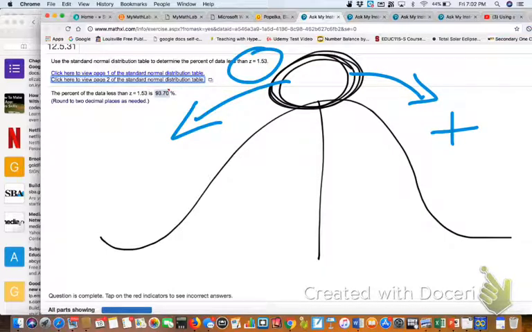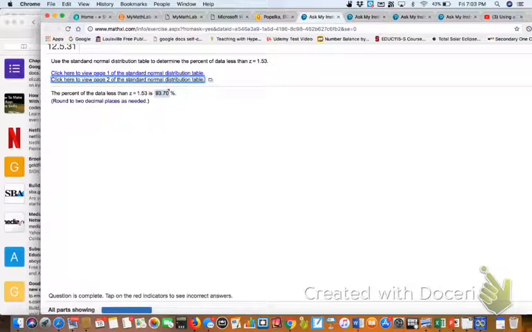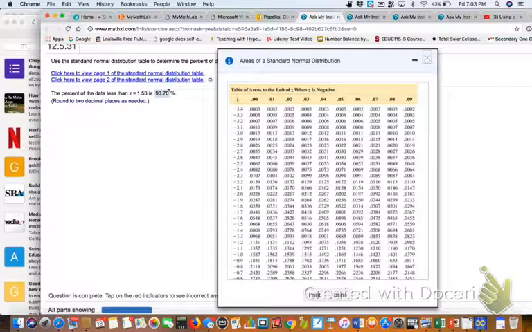So how that helps you as far as looking at the tables: if you click on the first table right here, page 1 that I just clicked on, you'll notice these are all negative z-scores. Those are people who scored less than the average, and you can tell because their z-scores are all negative numbers.